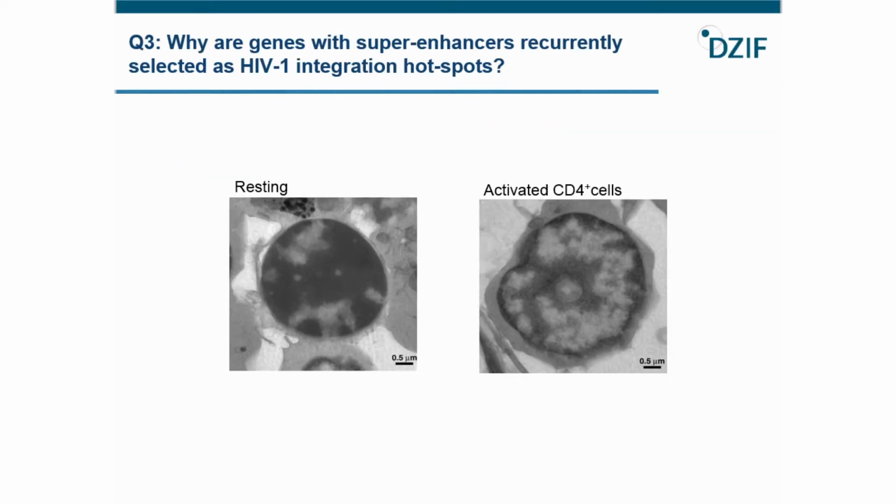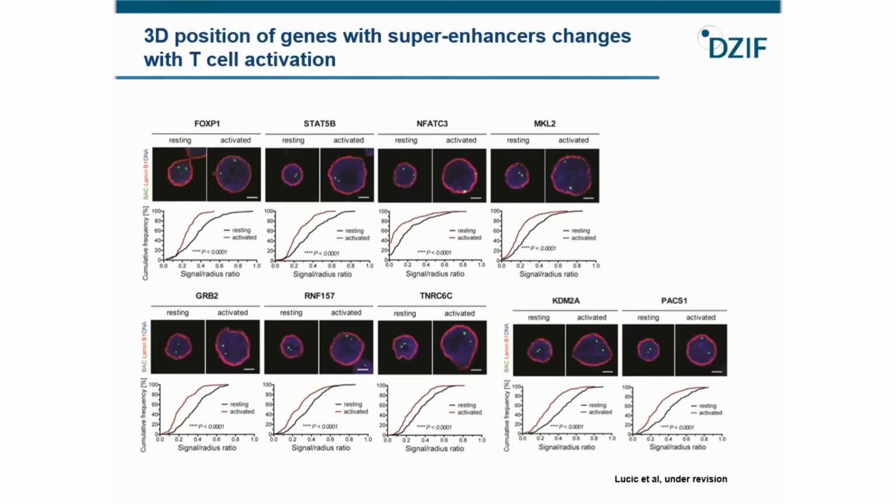And again, this slide in which we actually wanted to understand what is happening during the activation process of T cells. So whether there is something specific that is going on that can explain why HIV targets genes with super enhancers which are contacting other regions of the genome. And so what we did is to do FISH analysis on a number of genes that are HIV targets and have super enhancers.